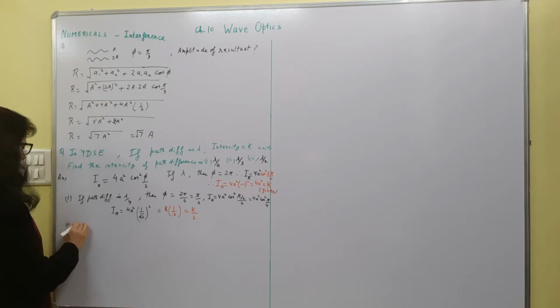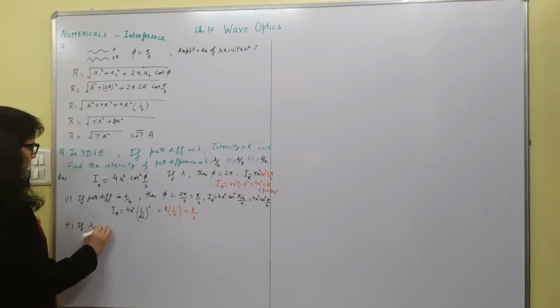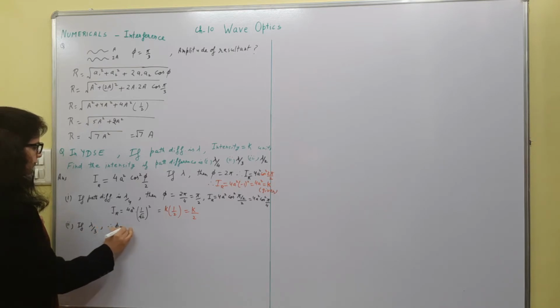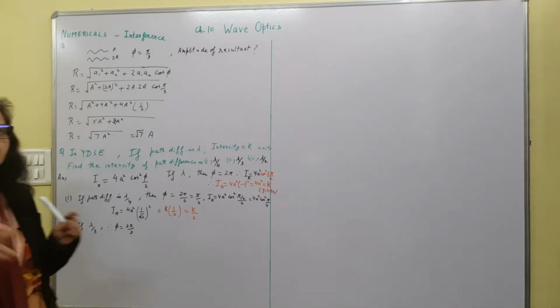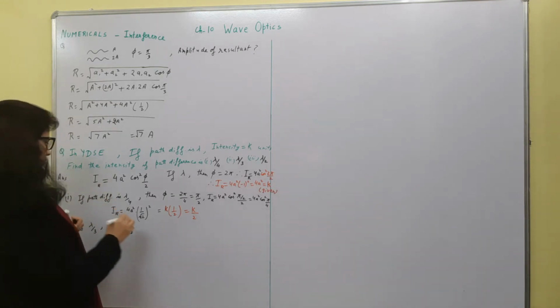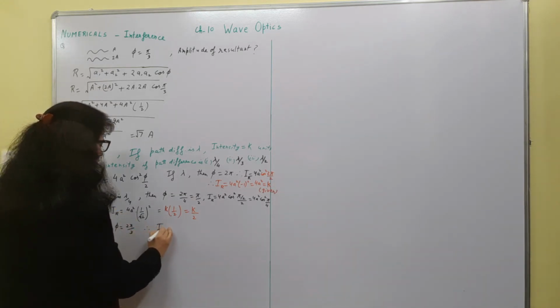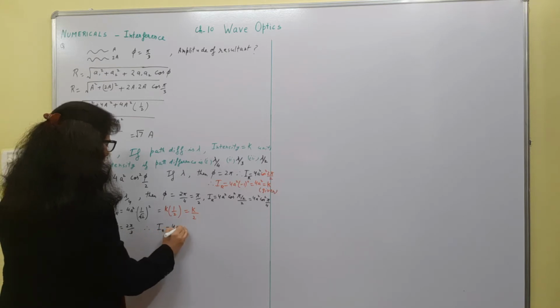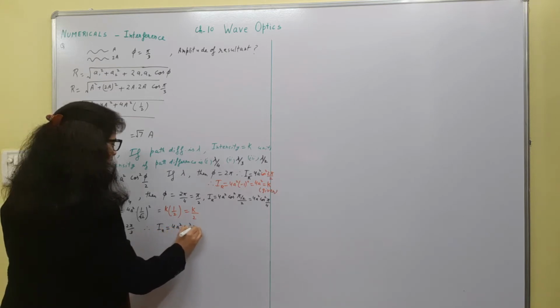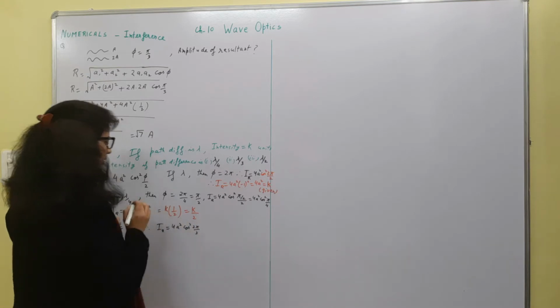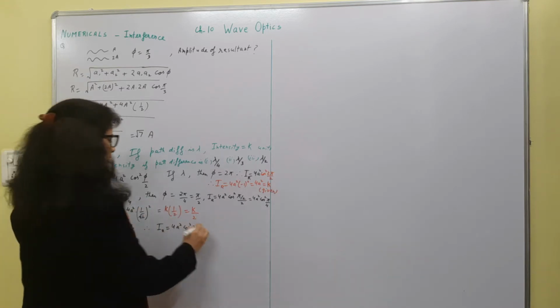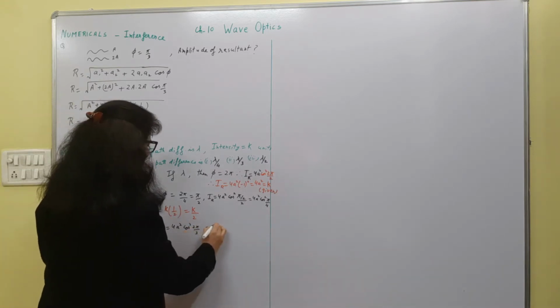Second, if lambda by 3 path difference, therefore what will be the phase difference? Phase difference will be 2 pi by 3 because we replace lambda by 2 pi. So therefore intensity of resultant is 4a square cos square 2 pi by 3, and cos 2 pi by 3 is minus 1 by 2.